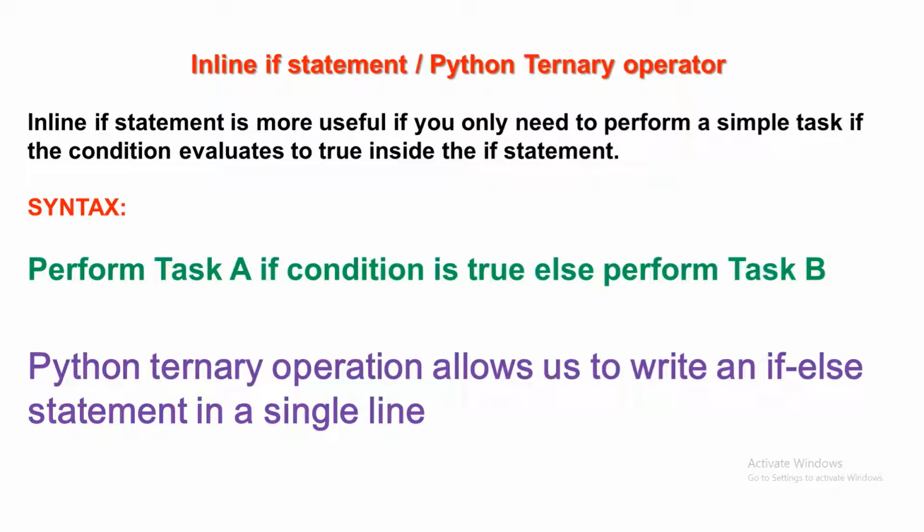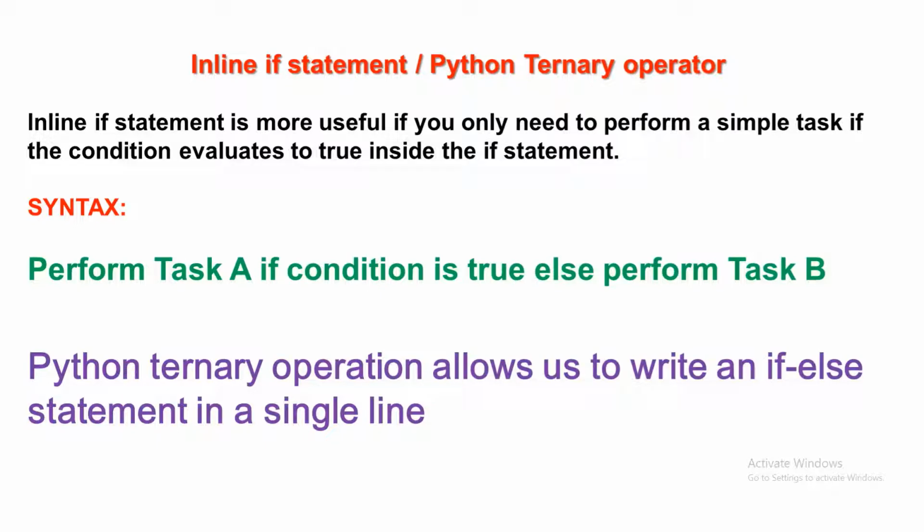The next is you also have this inline if statement, also called the Python ternary operator. This inline if statement is very useful. Say you only have a very simple task to perform. Generally, you have the if statement followed by the condition. So if the condition evaluates to true inside the if statement, and you have only a simple task to perform, then you can make use of this inline if statement or the Python ternary operator.